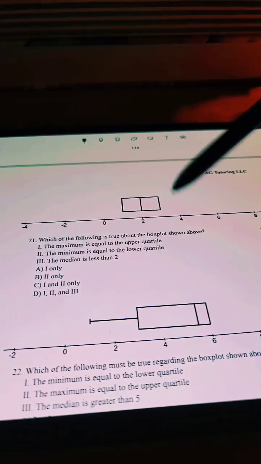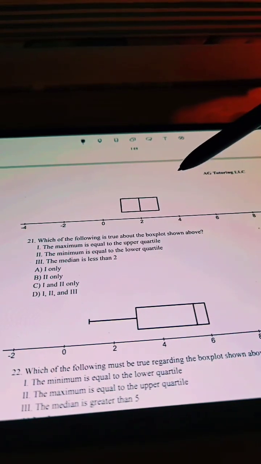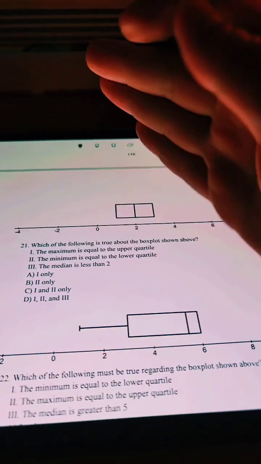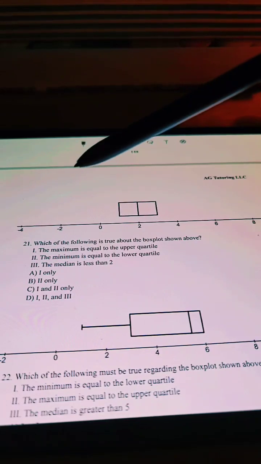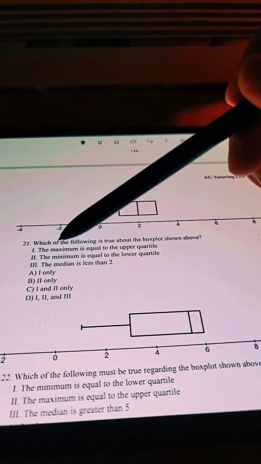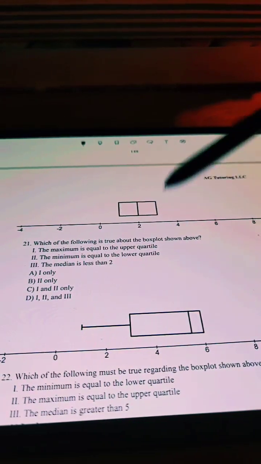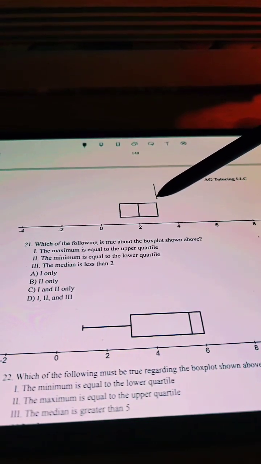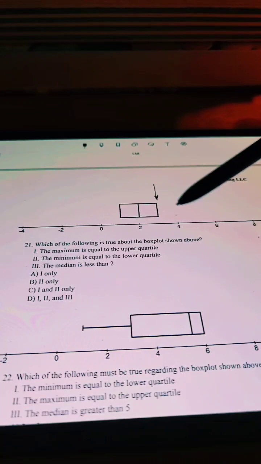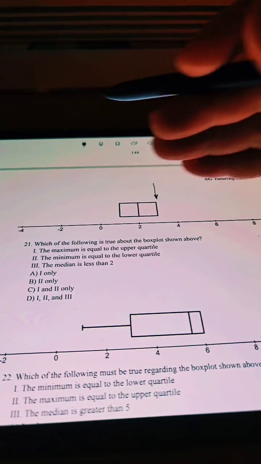So think about when we were talking about upper and lower quartiles, those were the whiskers. Upper quartile was the right whisker, lower quartile was the left whisker. So one is saying the maximum is equal to the upper quartile, and that tracks because if the maximum is equal to the upper quartile, you don't have to extend it out.